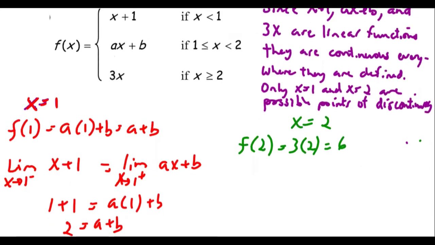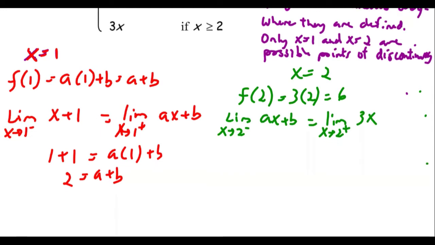So we have to do the limit as x goes to 2 from the left. Which equation is that? The middle one. That's ax plus b, which must equal the limit as x goes to 2 from the right, the bottom equation, 3x. So using direct substitution, I get a times 2 plus b must equal 3 times 2. So 2a plus b must equal 6.